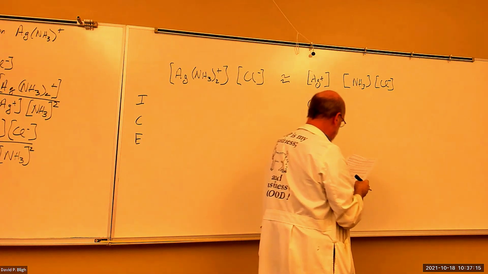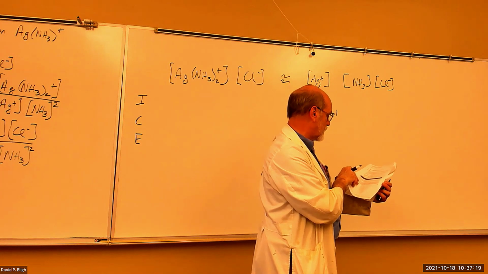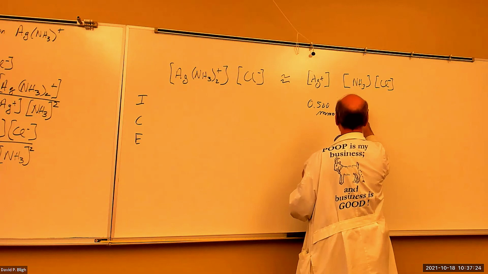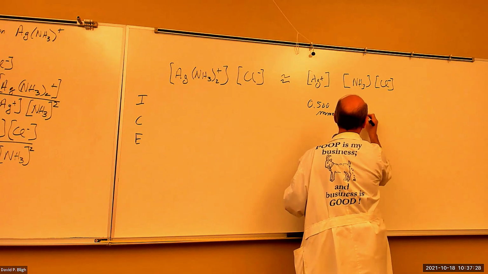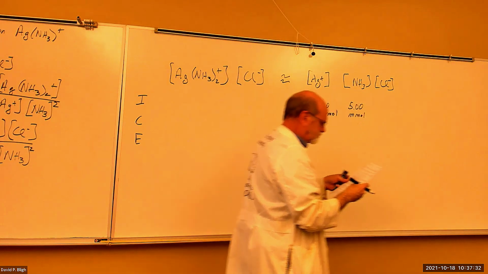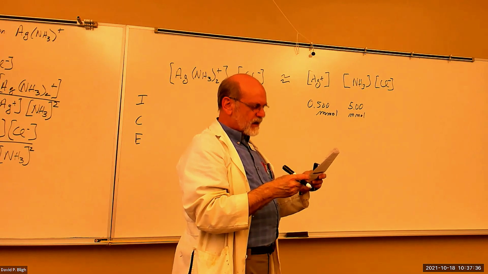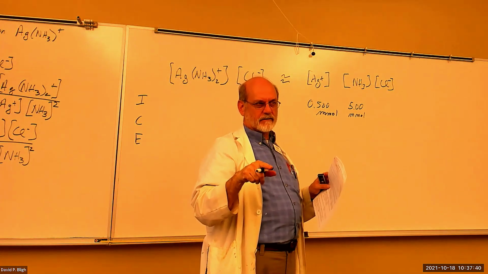And then in solution, the first go round, the only one that we're going to do is 5 milliliters of 1 molar. So we're starting off with 5 millimoles of that. And then the chloride is determined in the experiment.